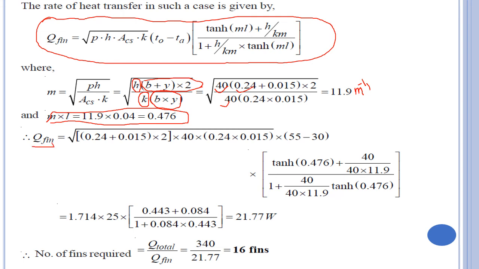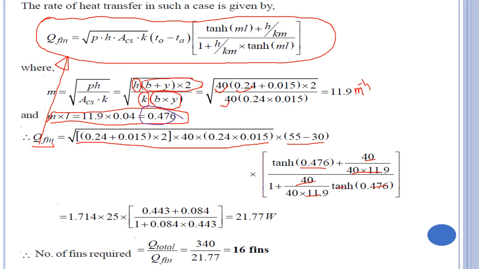Now in this formula we will put all the values and try to find out what is the rate of heat transfer. So under root of PhAk (T0 minus TA) into (tanh ml plus h upon km) divided by (1 plus h upon km into tanh ml). So ml value is available here.